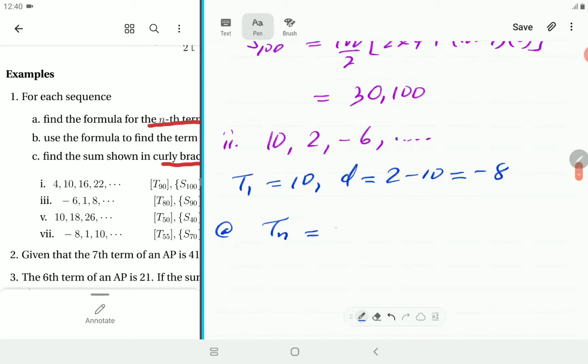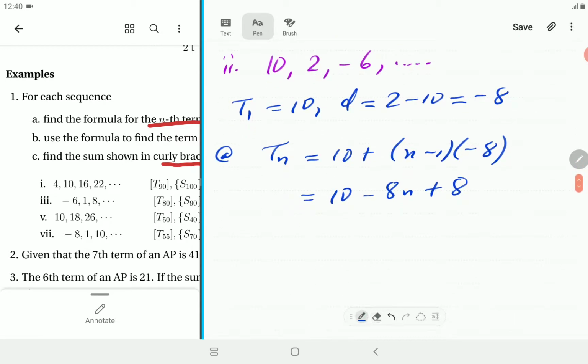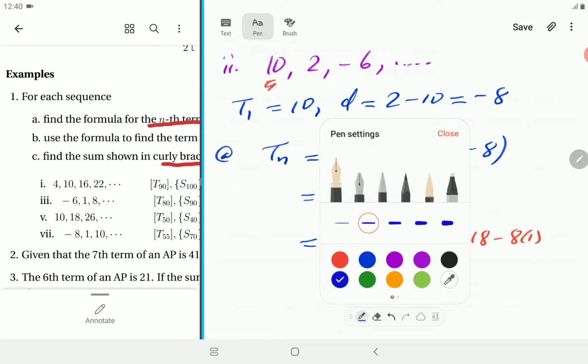So this time Tn is going to be T1 plus (n minus 1) times D. So this is 10 minus 8n plus 8. Notice that negative times negative here is going to give us positive. So it's going to be 18 minus 8n. Again, if we just plug in n is 1 here, it will give us 18 minus 8, which is 10, which is the first term there. So that looks like that formula is good.